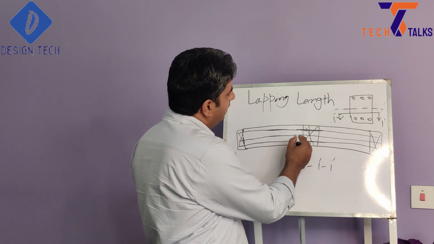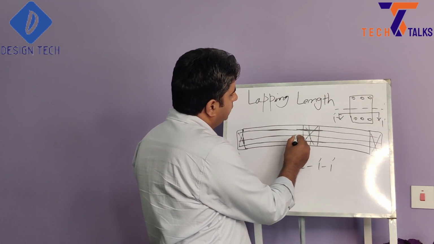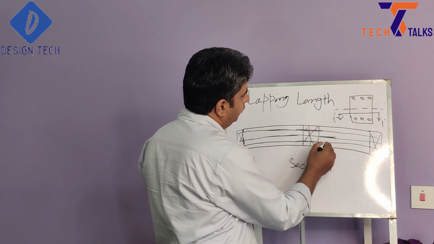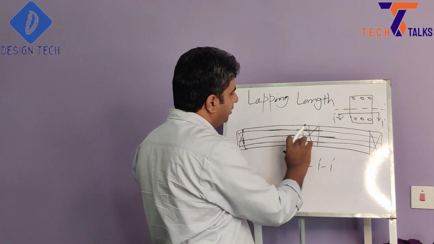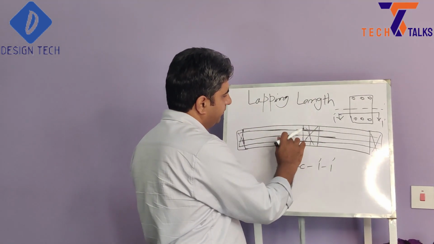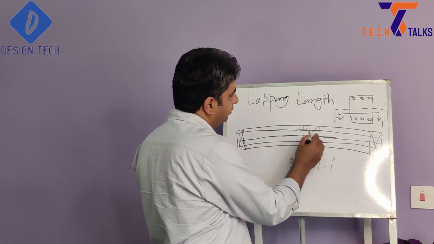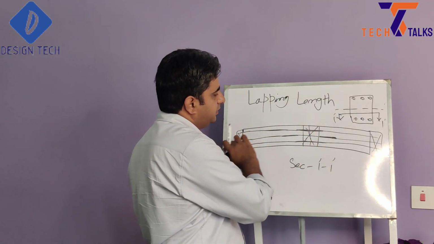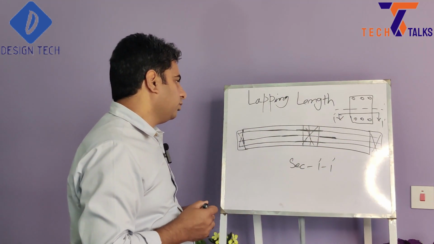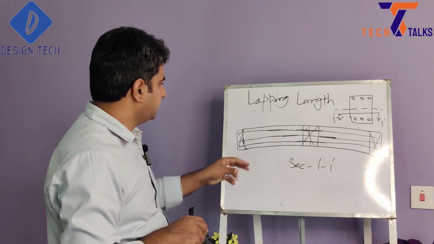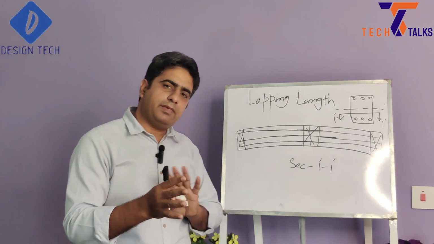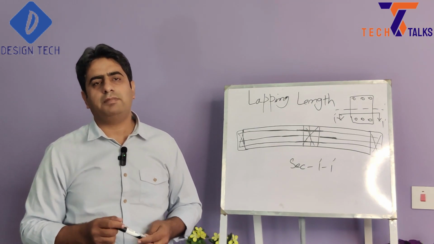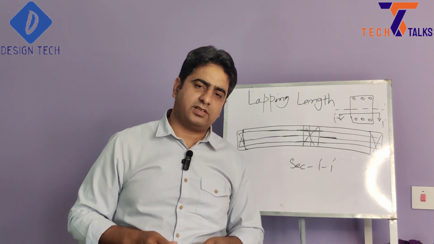So our alternate bar lap length should be something like this or something like this. We should avoid continuity of this lap length. So the bar length should be somewhere here or somewhere here. Like this arrangement we need to see to avoid the continuity of the lap.